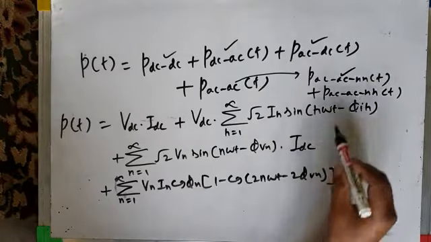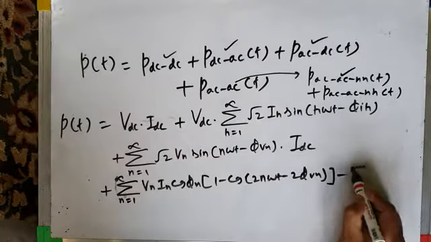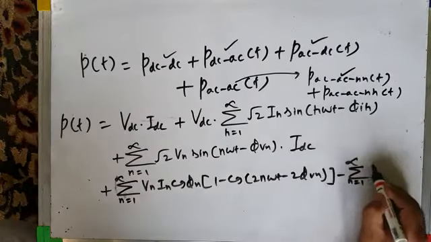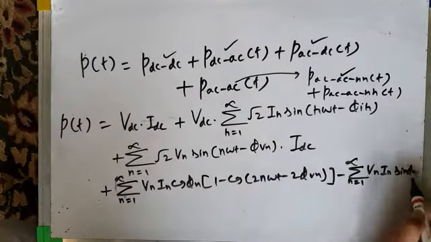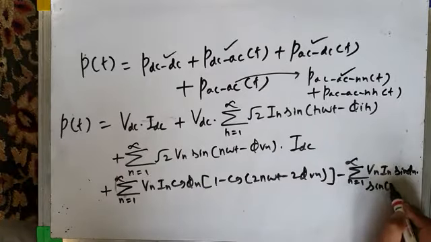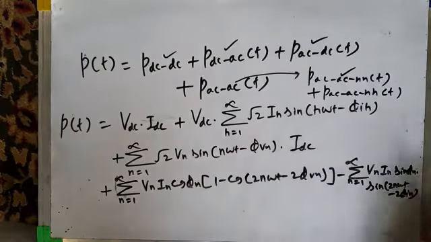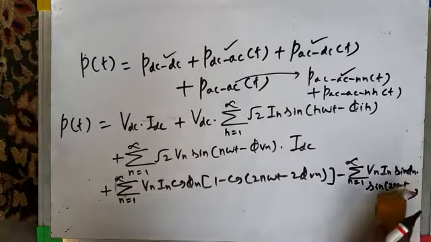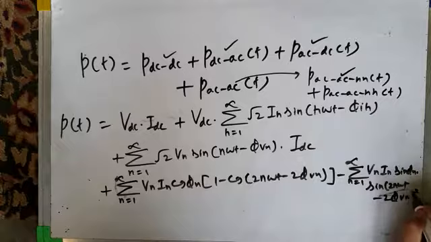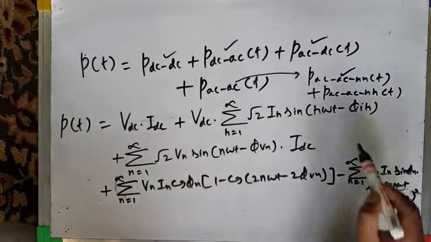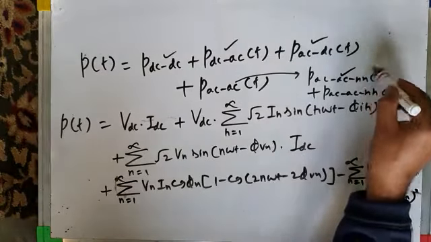This is one term of AC NN, minus the second term is summation n equal to 1 to infinity Vn In sin phi n into sin of 2n omega t minus 2 phi Vn. Okay, so these two terms belong to the component of AC power due to interaction of similar frequency components.